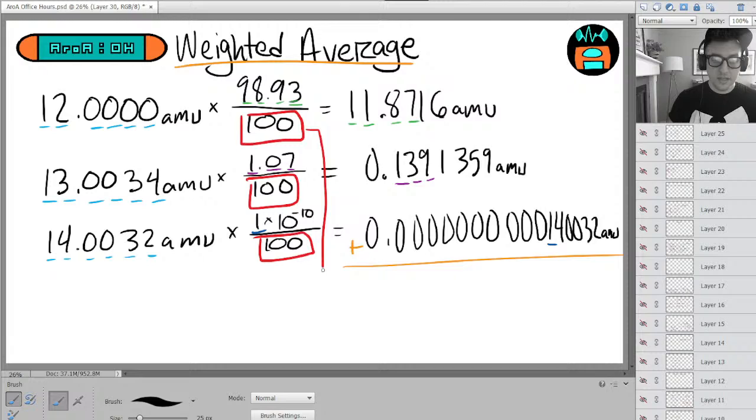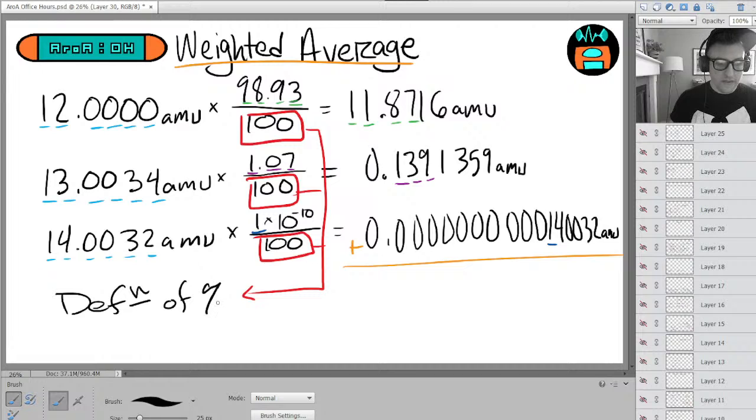This 100 is based on the definition of a percentage. So the definition of a percentage is it's out of 100. Right? That's not a measured quantity.